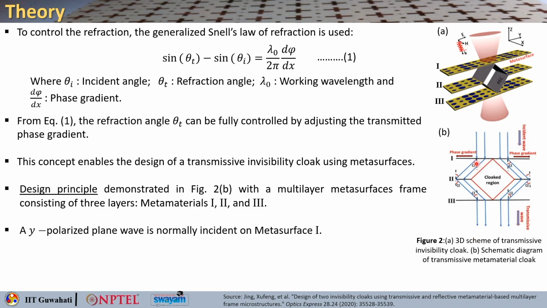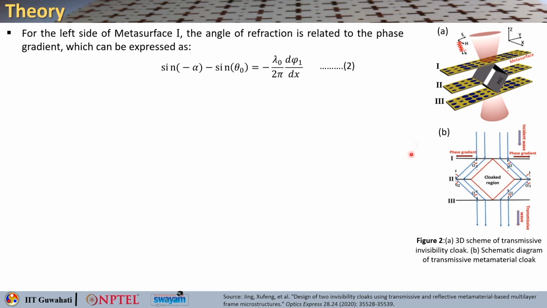To begin with, you are considering y polarized light to be normally incident on this metasurface 1, and on the left and right side of the structure you should have opposite phase gradients, so that this beam bends this way and this beam bends in the opposite way, right. So, on the left side of metasurface 1 you are bending it like this.